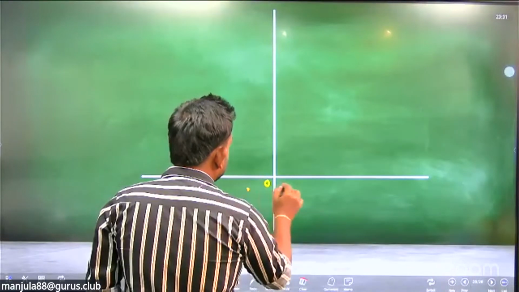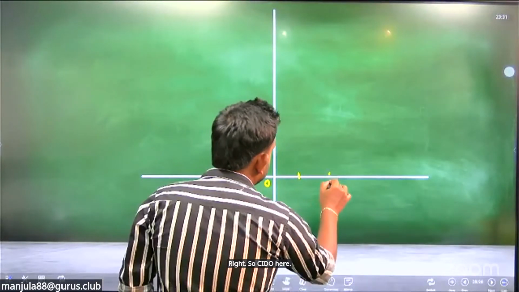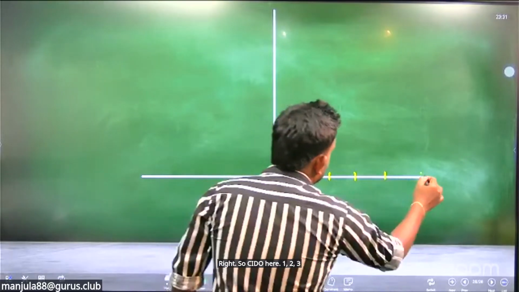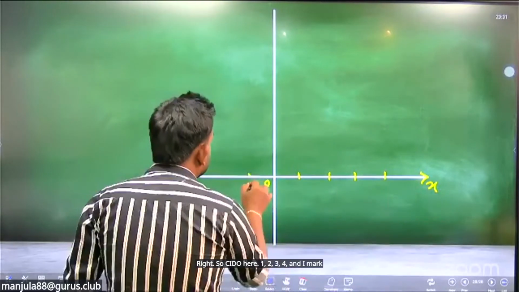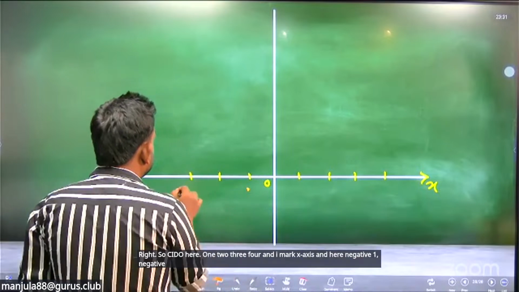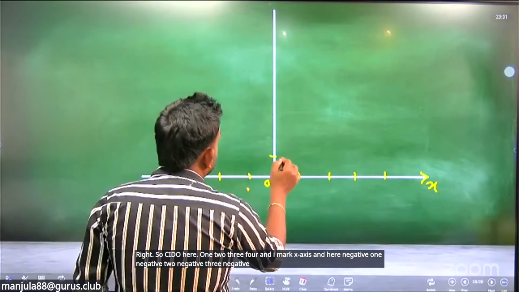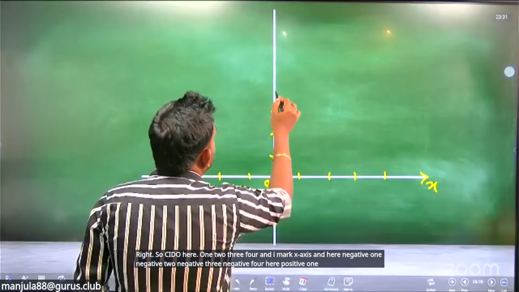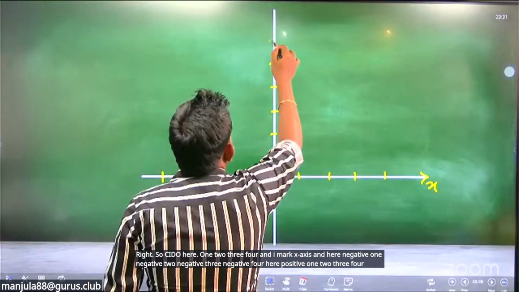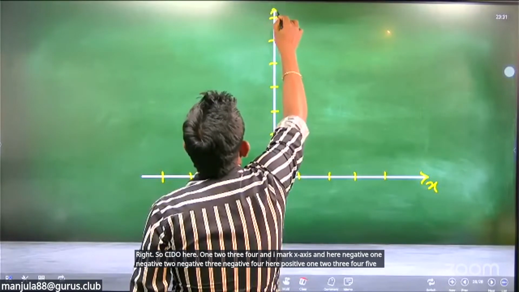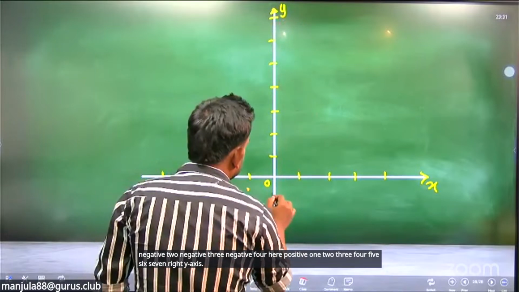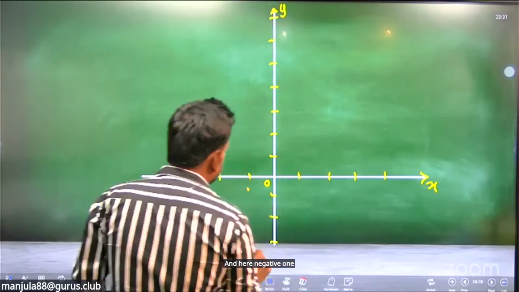Right, so 0 here, 1, 2, 3, 4, and I mark x-axis, and here -1, -2, -3, -4. Here +1, 2, 3, 4, 5, 6, 7, right, y-axis, and here -1, -2, -3.